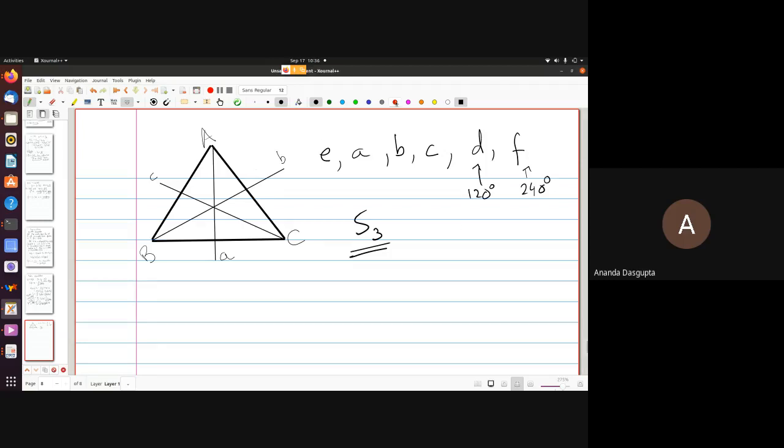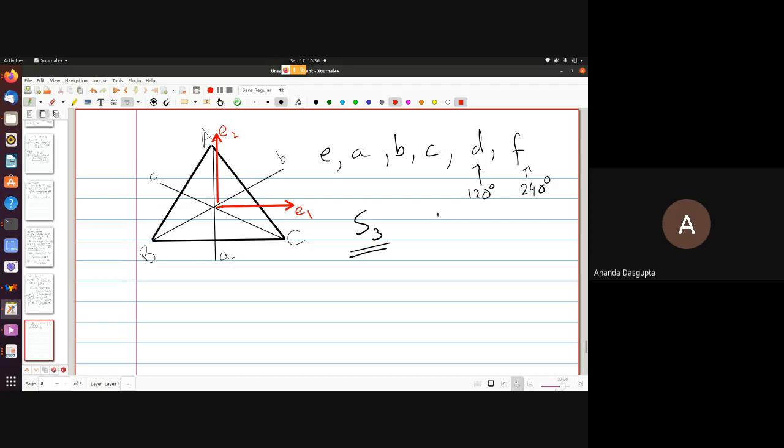So we have to choose some basis vectors first. So this is my basis vector E1, this is E2.